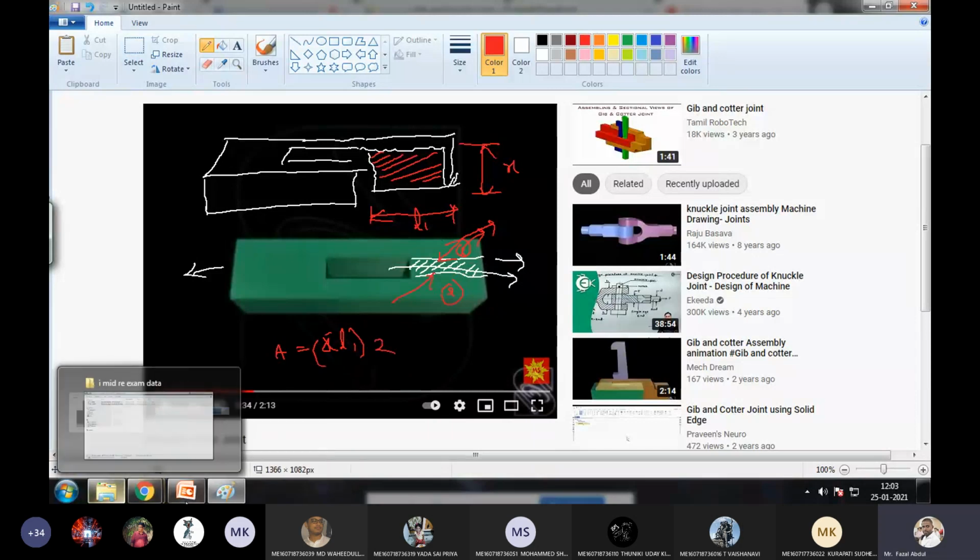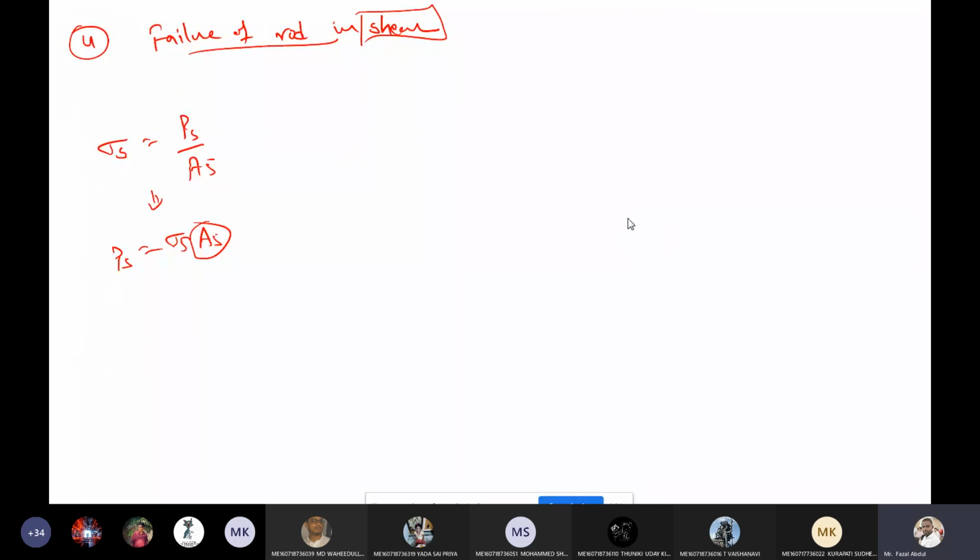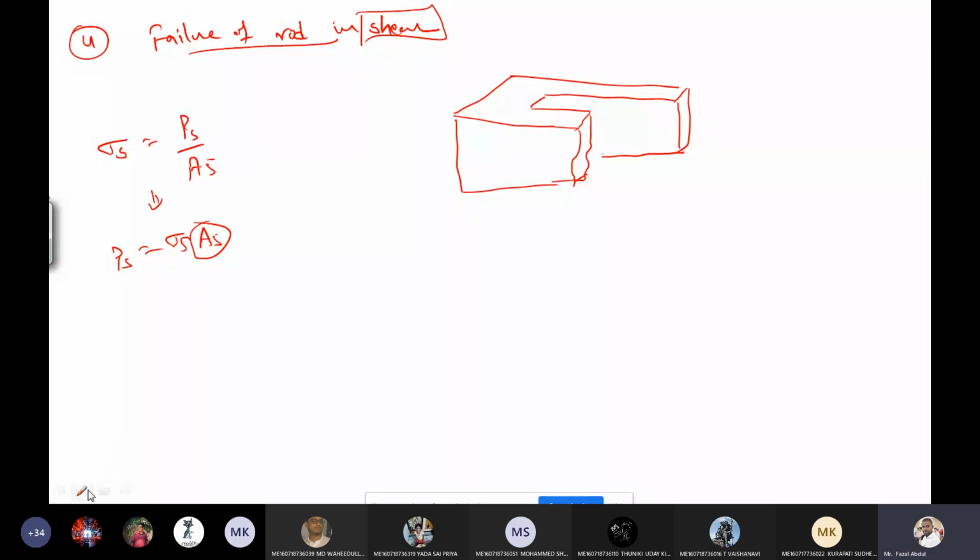Okay, so the same I am drawing here. Now this is the failure area.